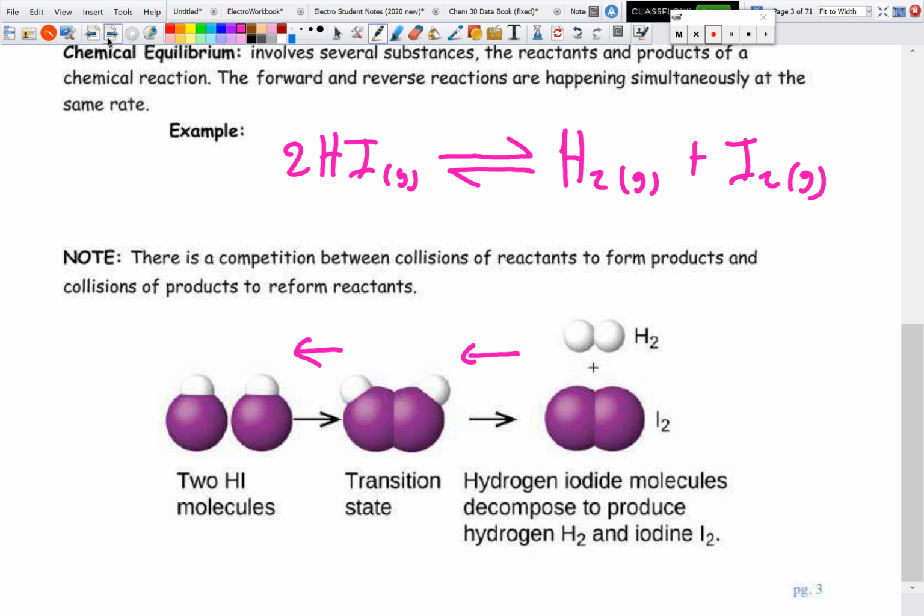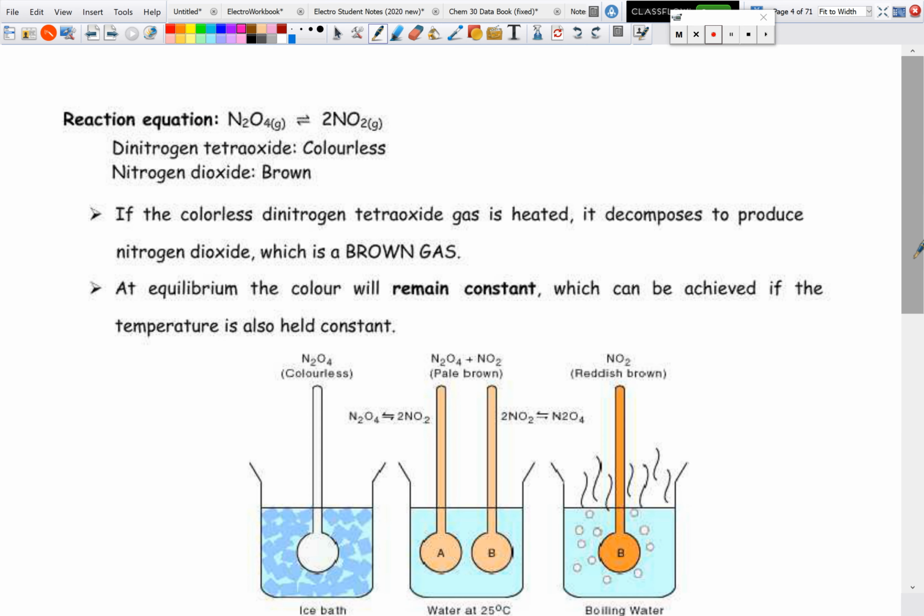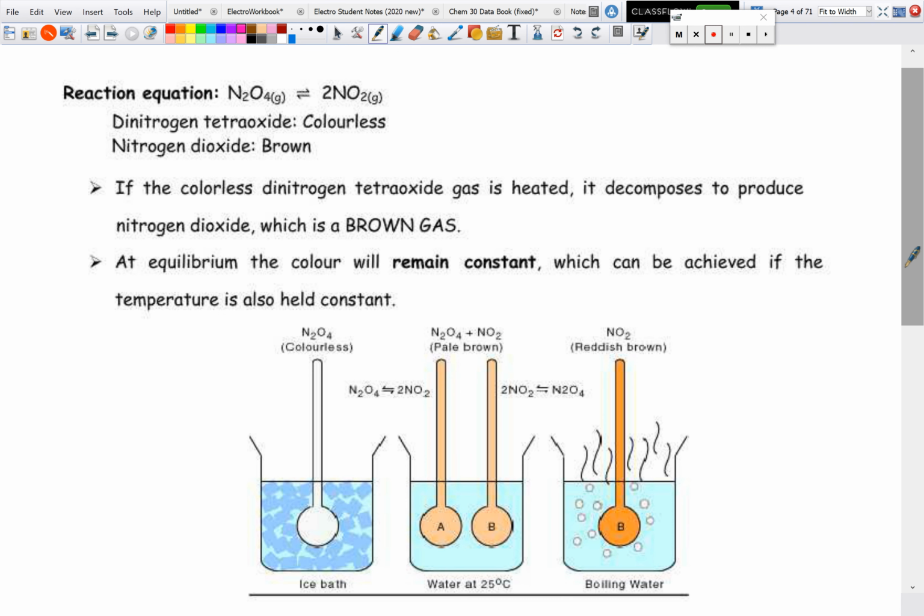Now we can see this as well in another example. Obviously we don't have the ability to see this in person here, but we can use pages like this to see. This is another example, dinitrogen tetroxide decomposing into nitrogen dioxide.